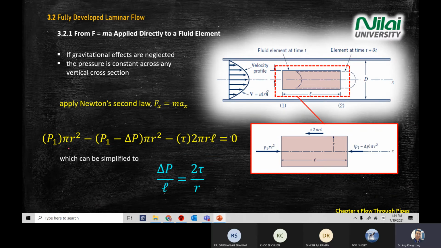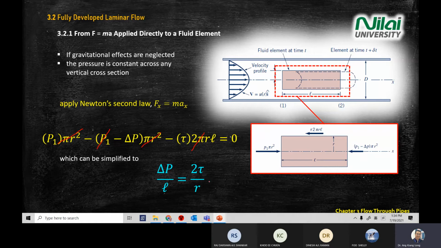You will arrive at the pressure ratio, delta P divided by L equal to 2 shear stress divided by R. This one you cancel, 2 pi cancel.